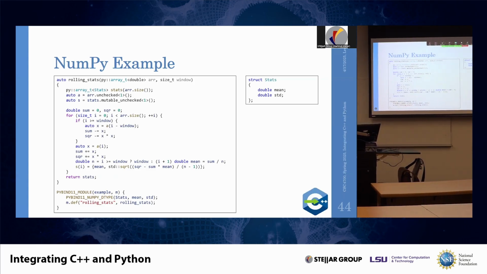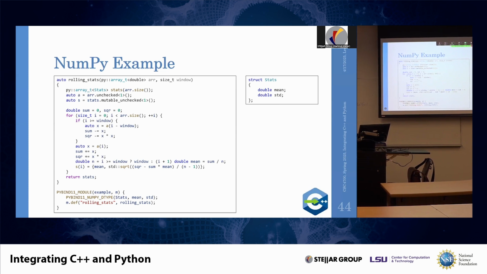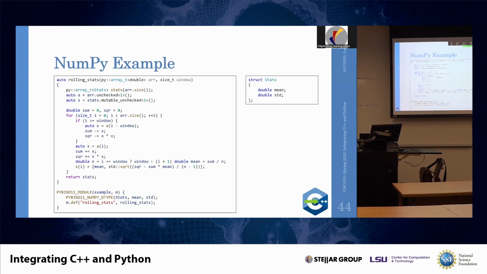Then I declare a new py::array, which is a NumPy array, of a new type, stats, which is that type. So I can even declare my own types to be wrapped in NumPy. And all I have to do is say, okay, there's a new NumPy dtype, which is stats, and it has these two members.